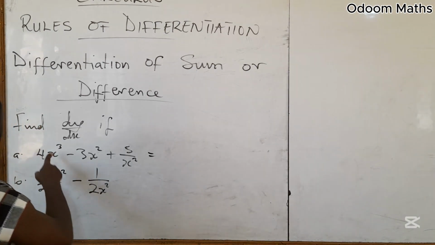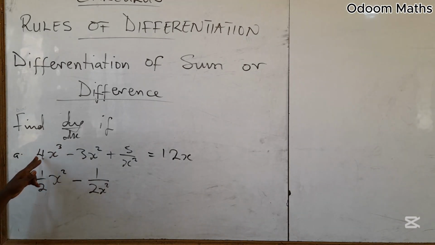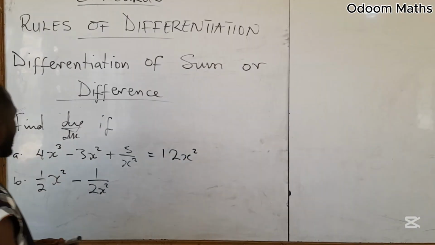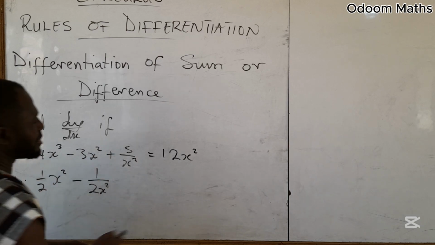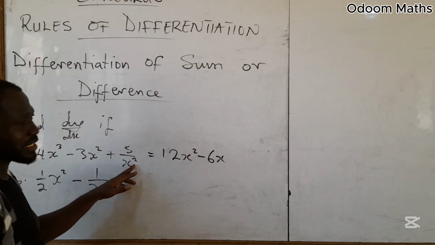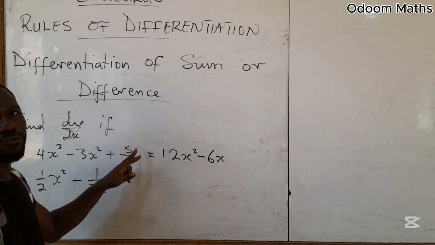So this place becomes 12x. That is 3 times 4, which is 12. Then for x, you take 1 from the power, so 12x squared. And then this also becomes negative 6x to the power 1, so minus 6x. Then, because this is a denominator, it will be 5x to the negative 2.